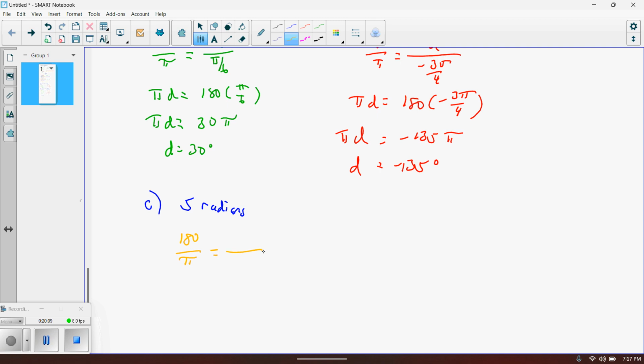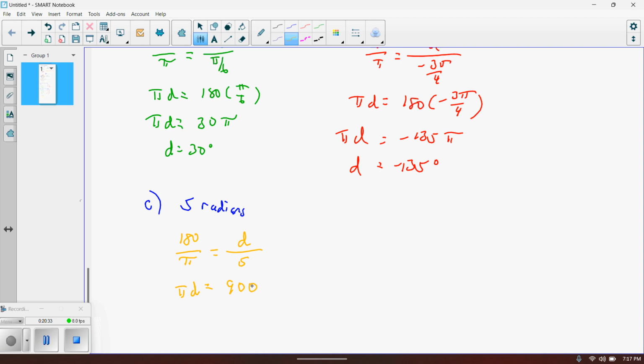We're still solving for the degree, so put d on top. 5 is the radian, so put 5 in the bottom. Cross multiply. Pi d equals 5 times 180. Let's see, 18 times 5 is 90, so that's going to be 900.